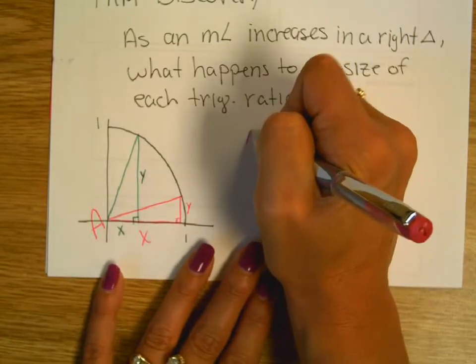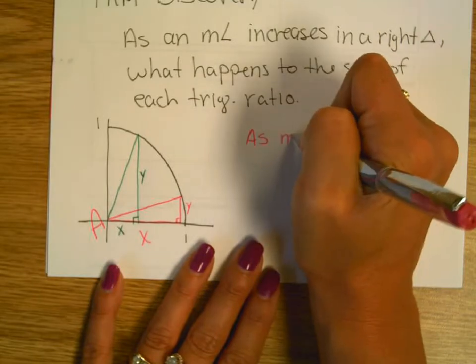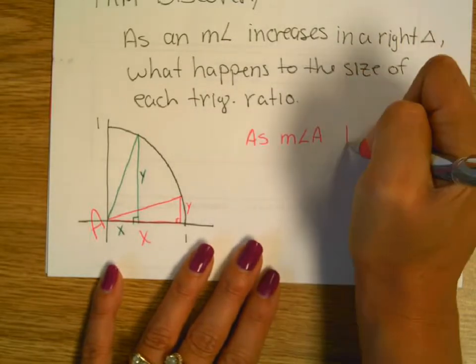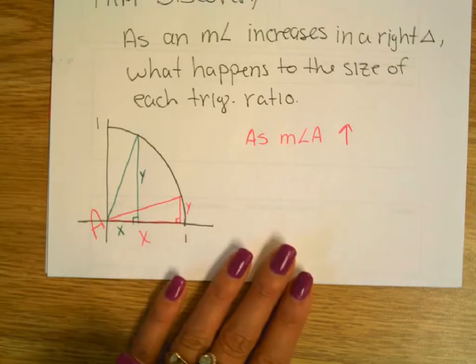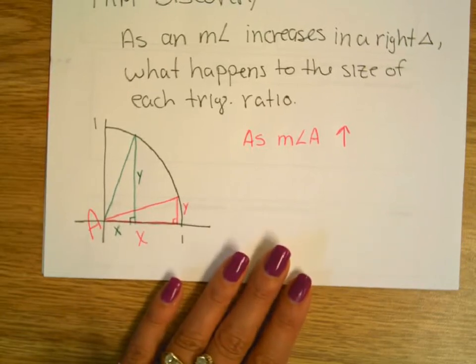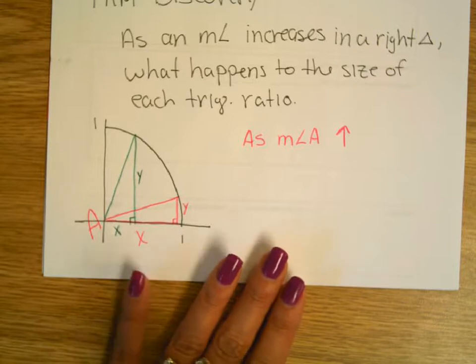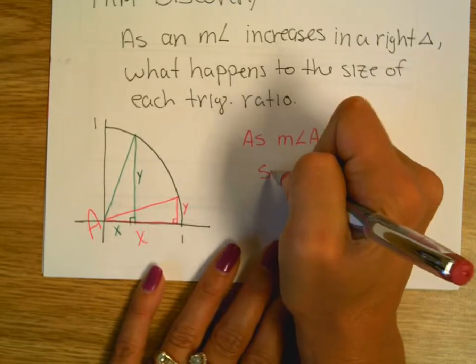So, as the measure of angle A increases, let's start with sine.